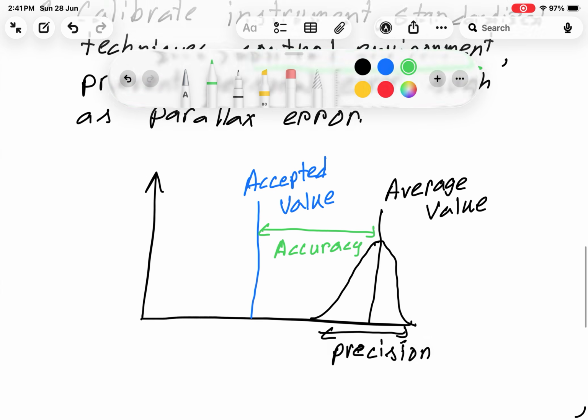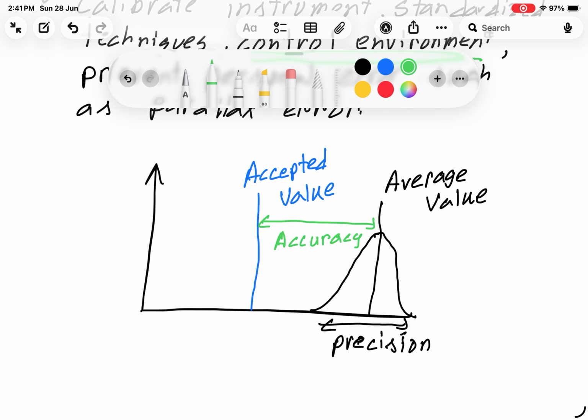Now we also draw a graph over here. We have this probability. See, suppose this is the accepted value. Suppose this is 9.81, and you got values, say this is 11, the average. So this difference between 9.81 and 11, that is how accurate the value is.